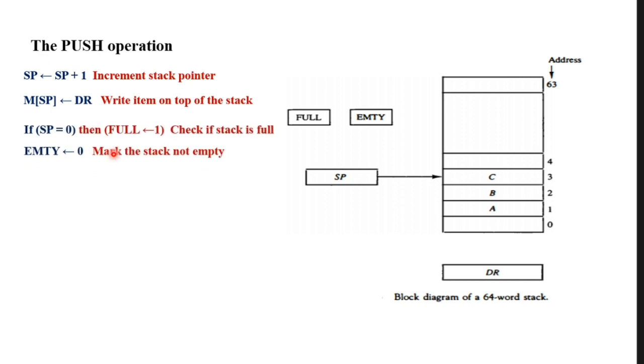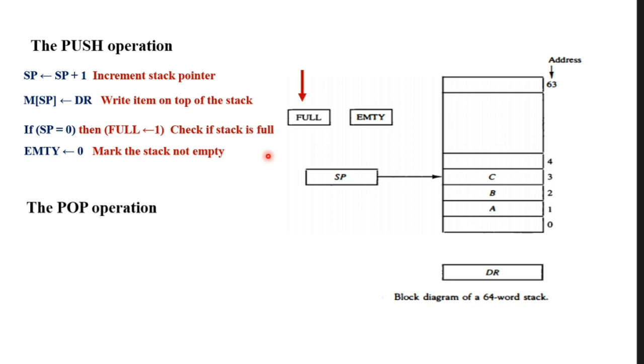If the stack pointer is 0, it means the stack is full. So we have to mark the full flag as 1 and the empty flag as 0 to indicate that the stack is full and we cannot insert new data. Still, if we try to insert, it will overwrite the previous data.